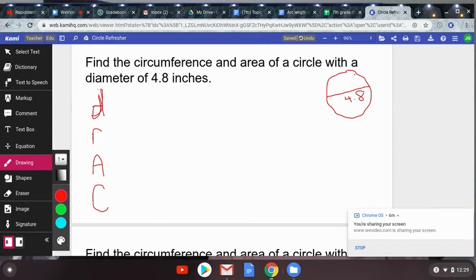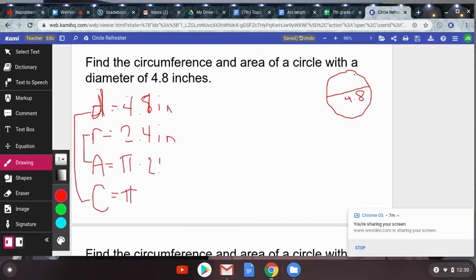So if I go to CARD, I would put 4.8 inches for the diameter, which means the radius is half of that, so 2.4 inches. The radius goes with the area. The diameter goes with the circumference. You can look in your notebook for those formulas. The area is pi times r squared, and the circumference is pi times the diameter.